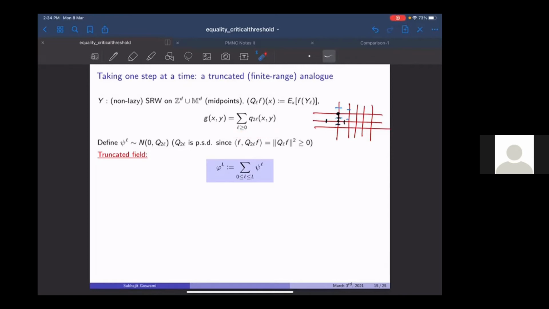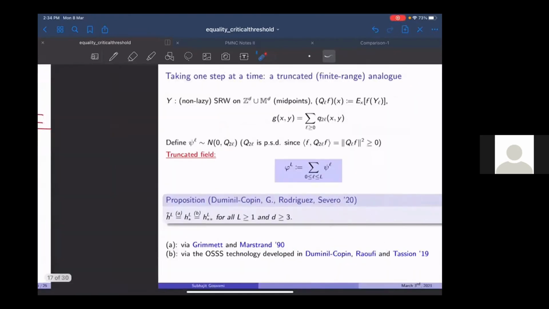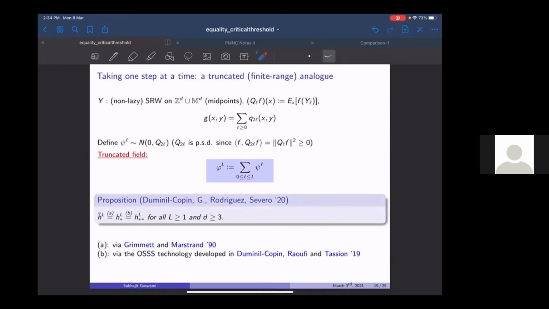In the L2 sense, you can write phi, in distribution, as the same as the sum of psi_L, where the psi_L's are independent normal with mean 0 and covariance Q_{2L}. And this sum is defined in the L2 sense.